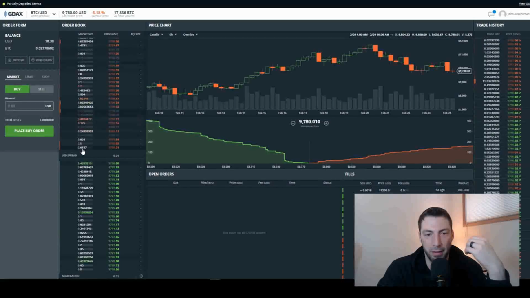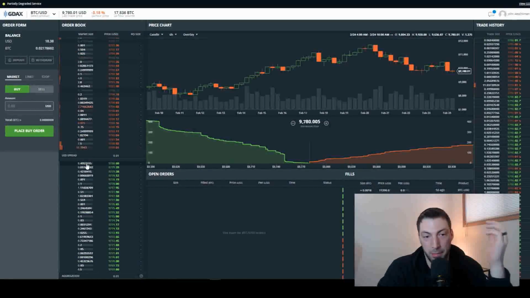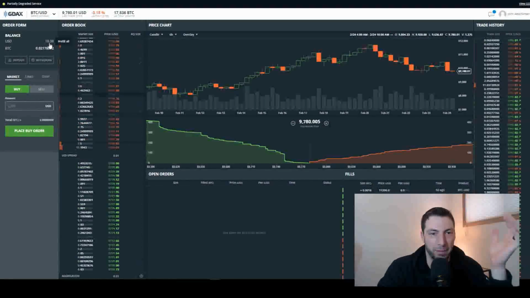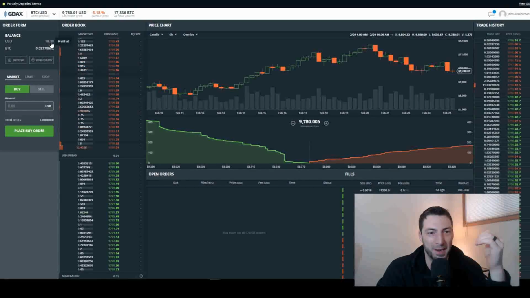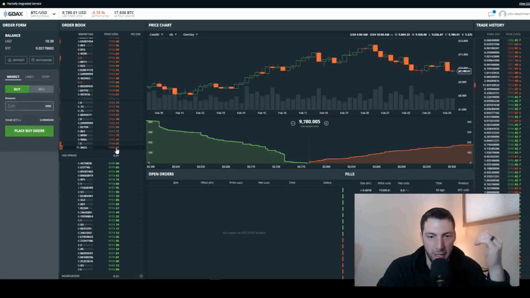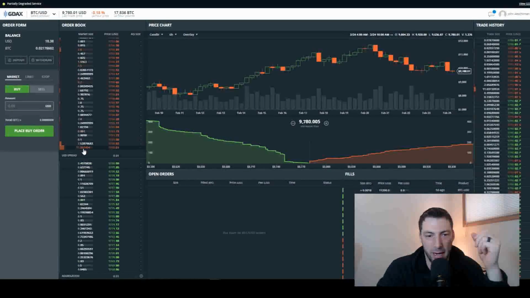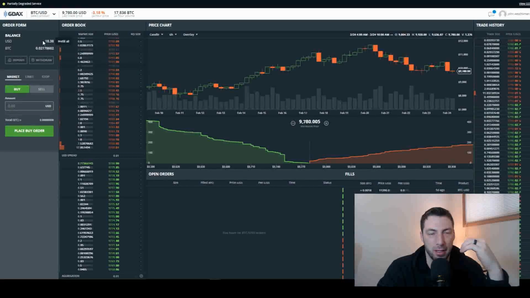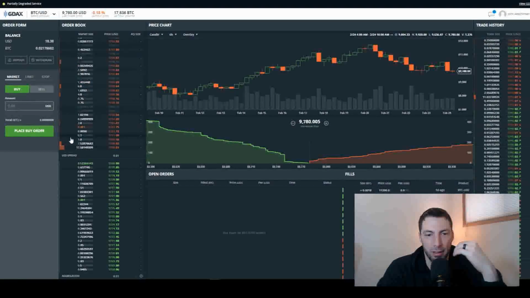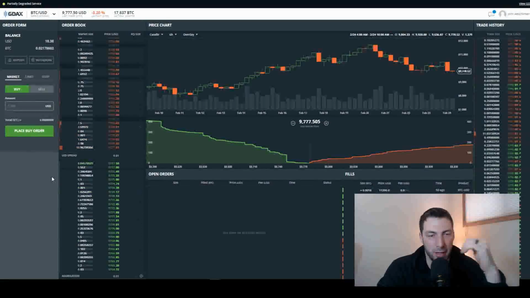So I can be fairly confident. Obviously it's bouncing around, but I could be fairly confident that if I wanted to buy, I only have $18. So I'm probably going to get it filled, because you can see at $9,780.01 if I did it right now, there's 17 Bitcoin sitting there, which is obviously very much enough for my $18 to fit well inside of, and I should be able to fill it there, but it's not necessarily given.